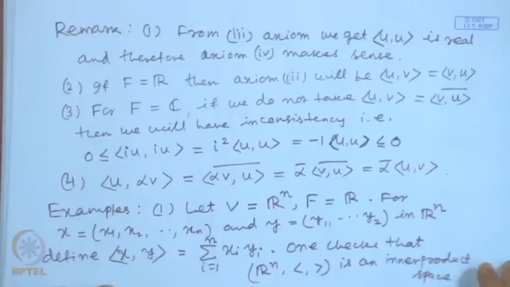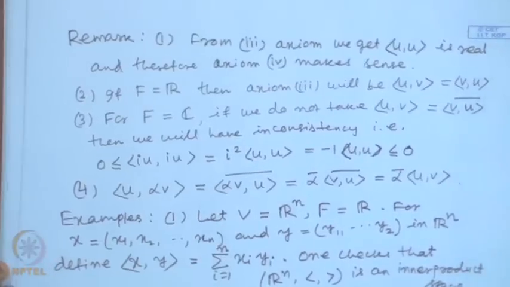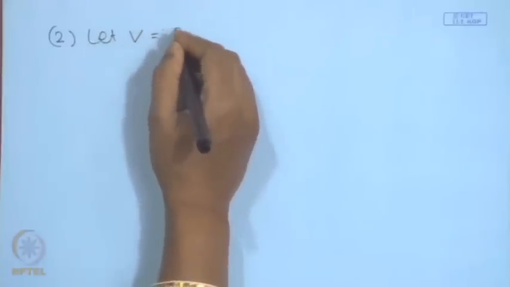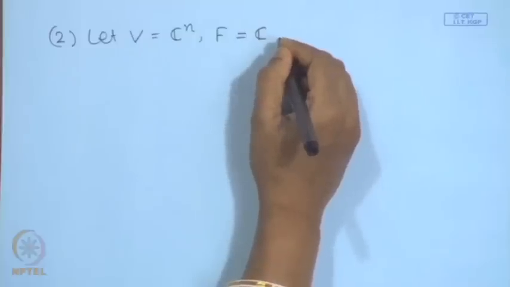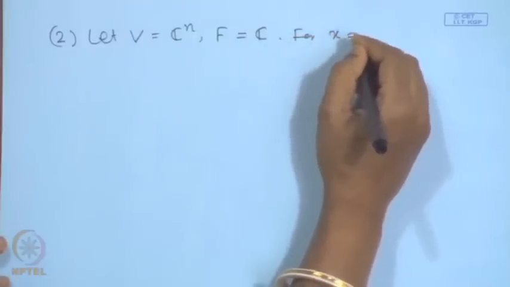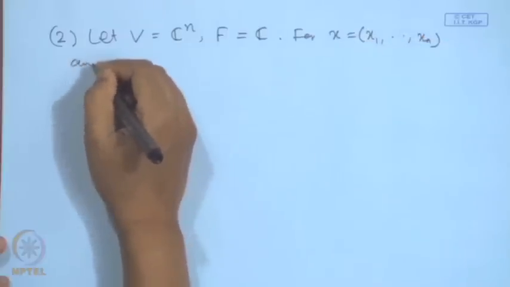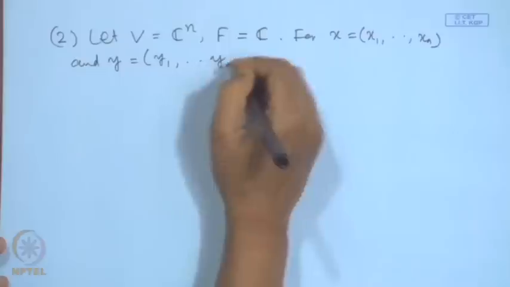Similarly, we will have an inner product on the vector space C to the power n. The second example: V is C n, F is the field C, for vector x with components x 1, x 2 to x n and y with components y 1, y 2 to y n.